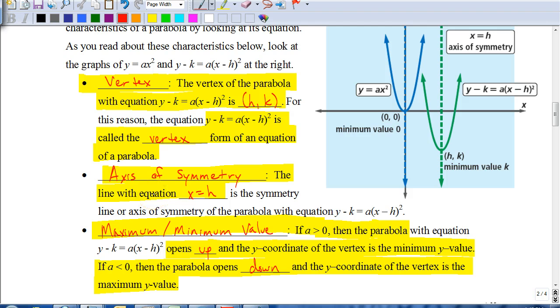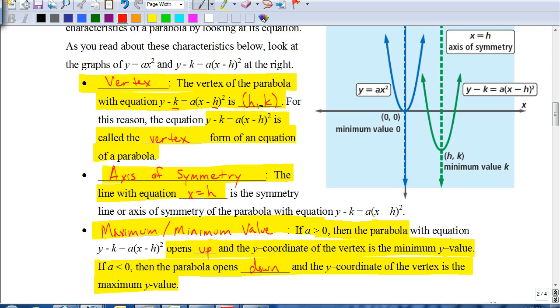Just like the slope-intercept form for a linear equation, y equals mx plus b, we call it that because it's really easy just to look at the equation and figure out what the slope is. That's why we call this the vertex form of a parabola, because it's real easy to look at this and see what the vertex is. The vertex is going to be the coordinate h, k. Whatever those numbers are, we put it in this coordinate as h, k.